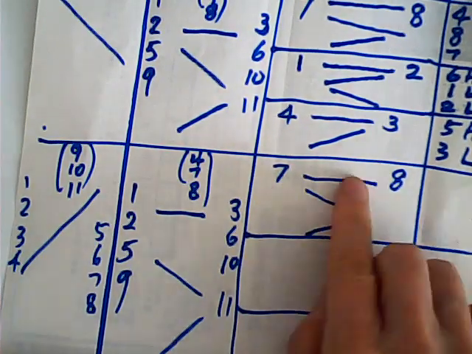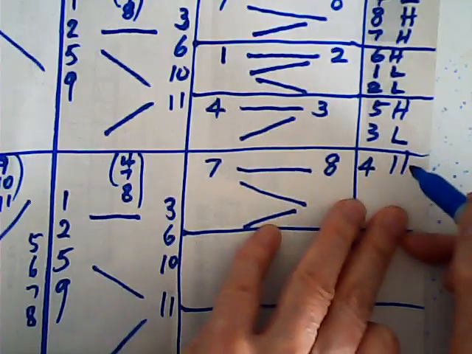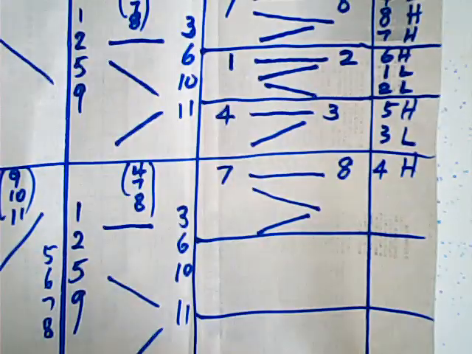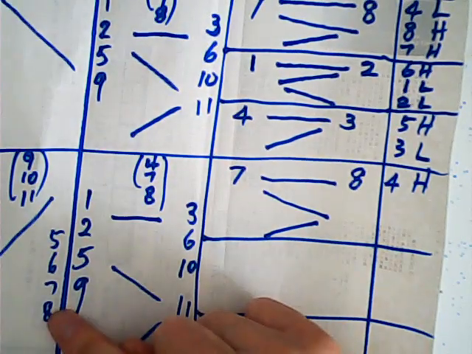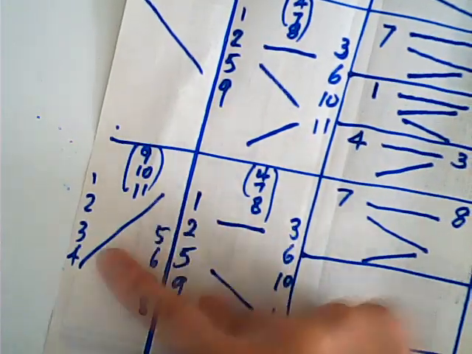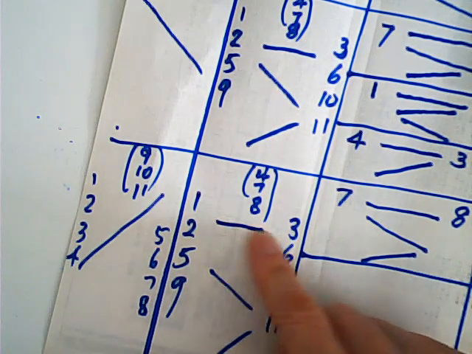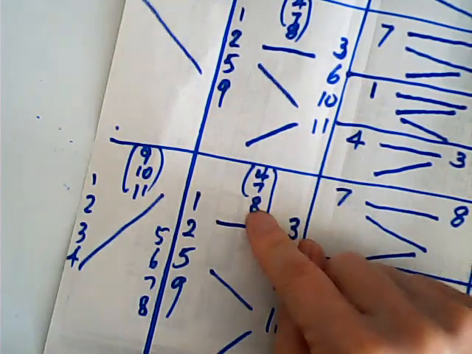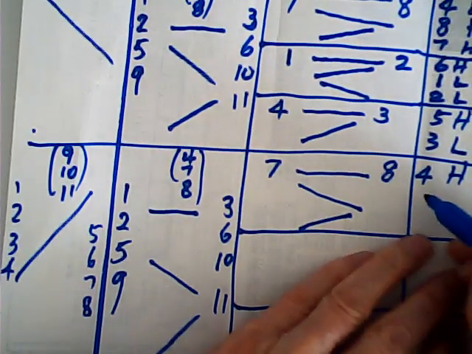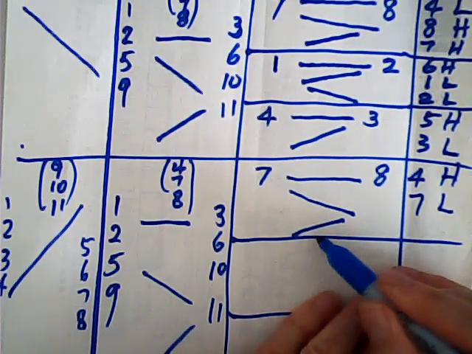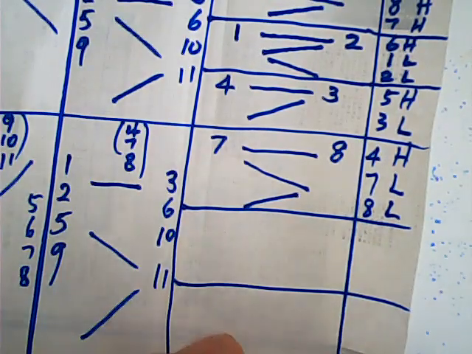So if 7, 8 are balanced, 4 is heavier. If this happens, I know that 7, 8 must be lighter, from the first attempt. And the second weighing shows this is equal, that means 7, 8 are not normal. If this is the situation, then 7 is lighter. If this is the situation, 8 is lighter. Okay.